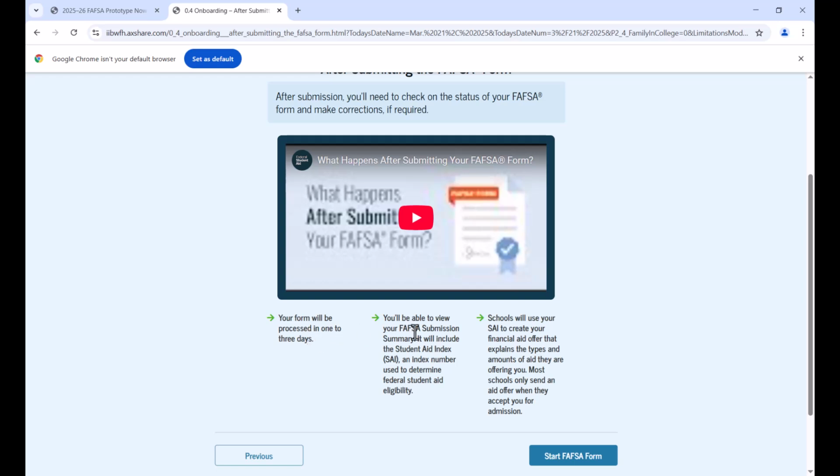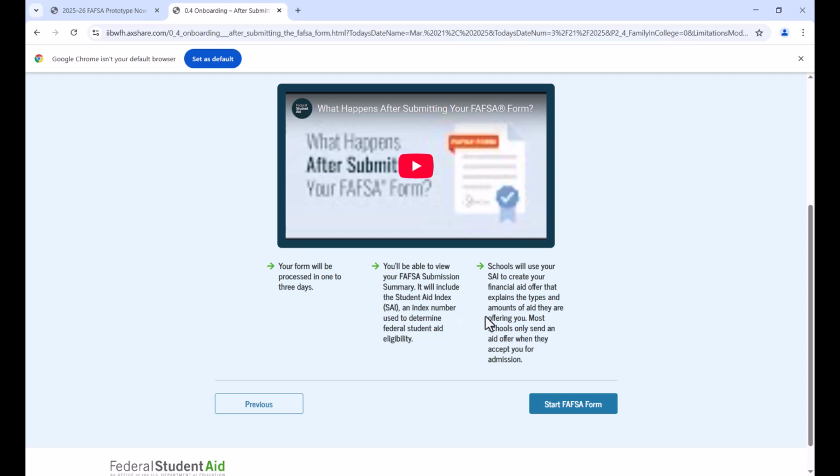It lets you know that you will be able to view your FAFSA submission summary once it is processed. You'll be able to see your SAI, your student aid index, as well as your estimated eligibility for federal aid. And then lastly, it lets you know that all of the schools that you listed on your form will now have access to your FAFSA application as well.